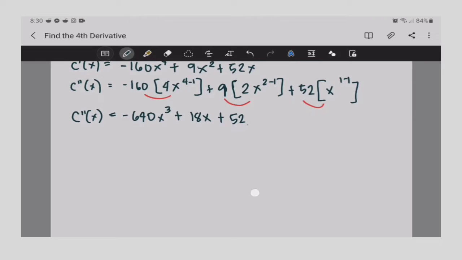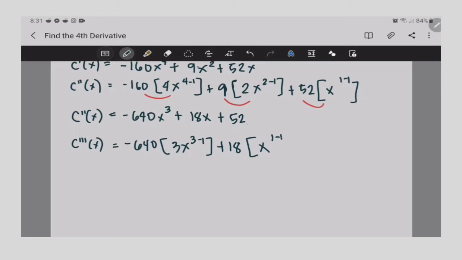derivation. So we have the third derivative of c of x is equal to negative 640 times the quantity of 3x raised to the power of 3 minus 1 plus 18 times the quantity of x raised to the power of 1 minus 1 plus 0.